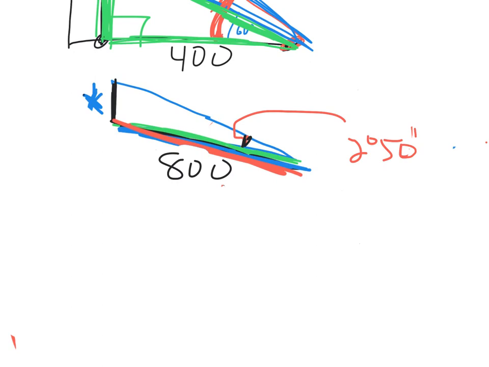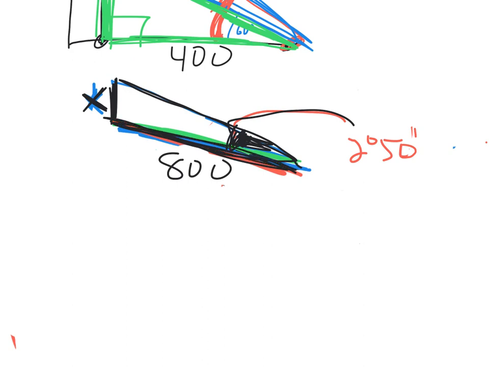So I want to go about solving for x, the height of the flagpole. x is in this skinny little triangle. And now in that triangle, I have this angle over here is 2 degrees 50 minutes. I know this bottom side is 800.